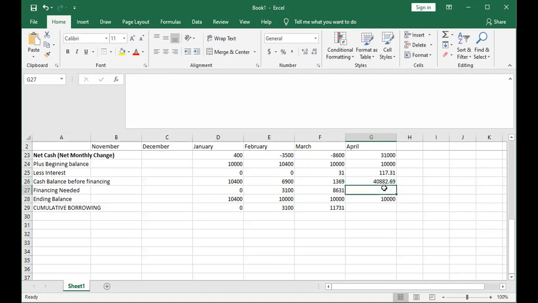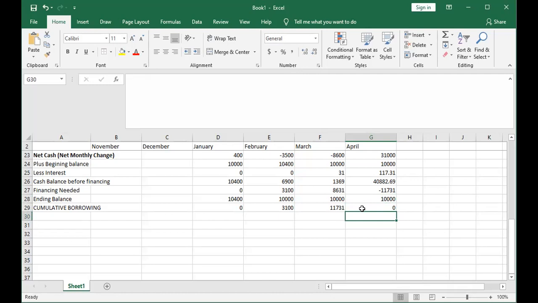So they just minus this. So what is the ending balance? It is this one minus this, so you will get the ending balance. No more borrowing in this month.